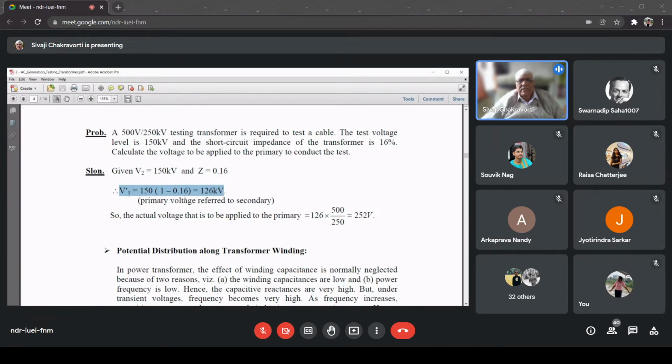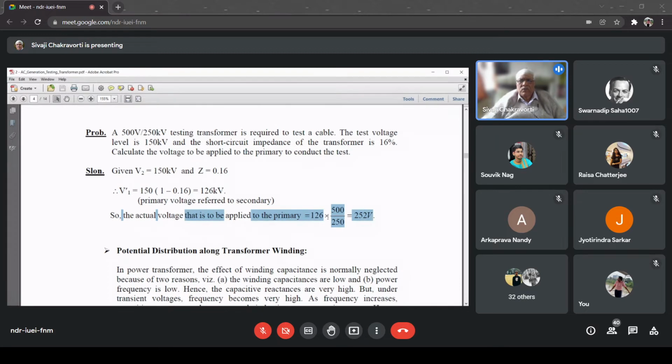Then remember this is V1 prime, which is at this secondary of the transformer. That means primary voltage referred to secondary. So we apply the turns ratio and we find that the voltage that we have to apply to the primary is 252 volts.